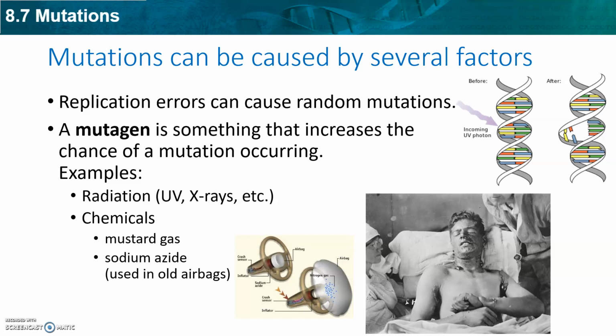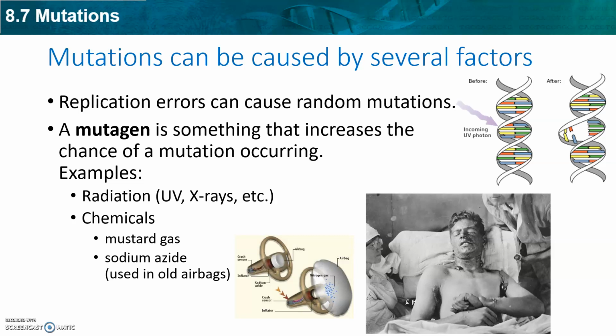Those are very damaging to the DNA in the cells. They can cause mutations, and that's why it's important to do things like wear sunscreen. Or if you have to get an X-ray, you wear a lead shield that protects parts of your body that aren't being X-rayed, because those X-rays can definitely cause mutations in your DNA.